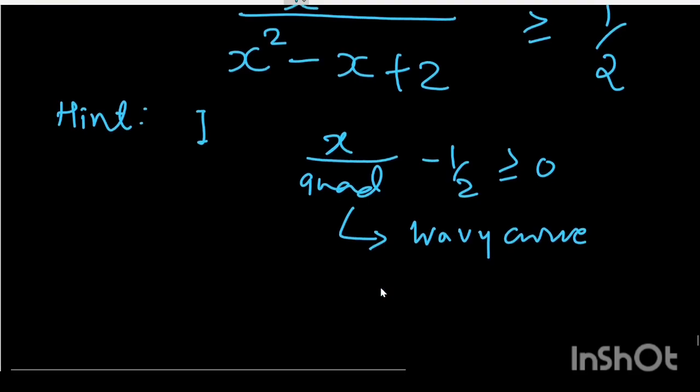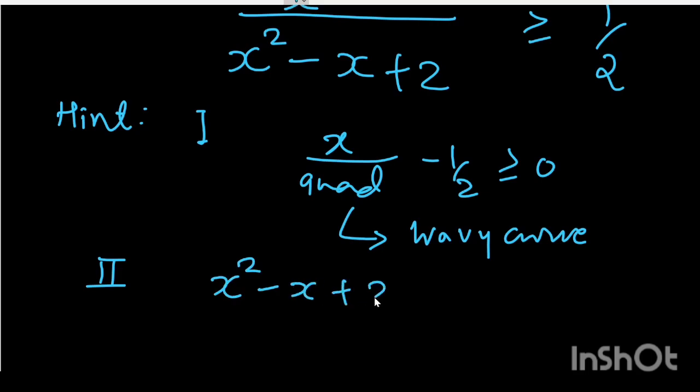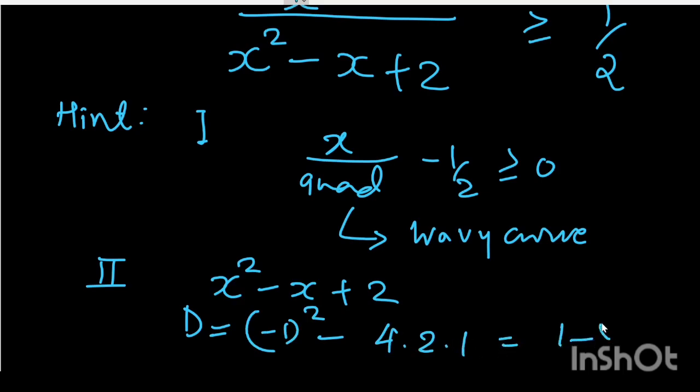But the second method that I want to emphasize now is, as you can check for this quadratic, the discriminant b square minus 4ac is negative.